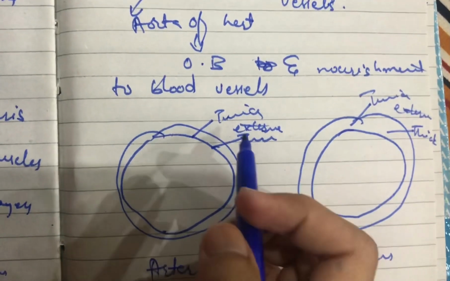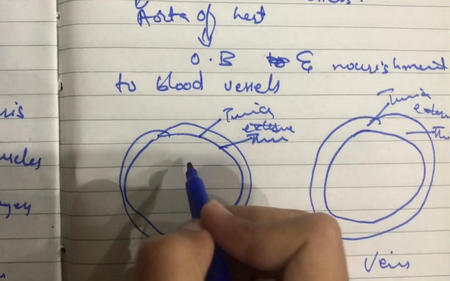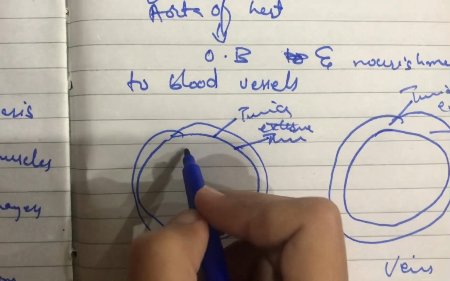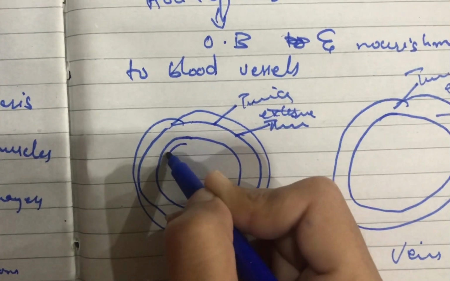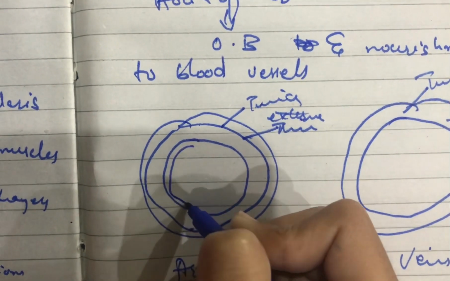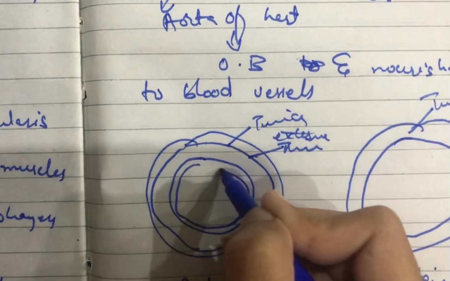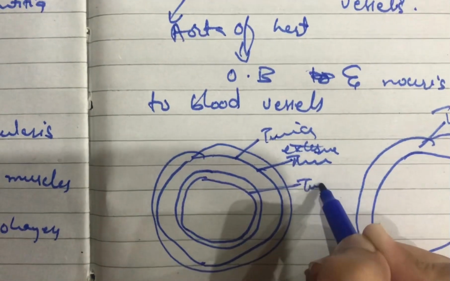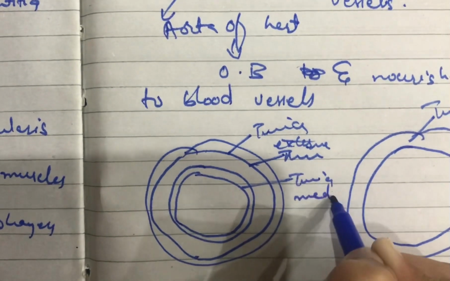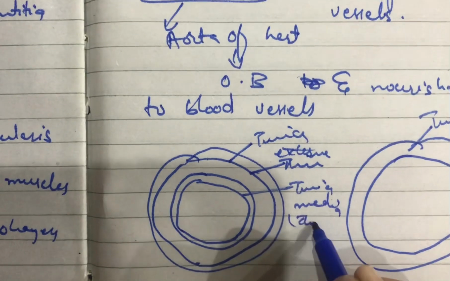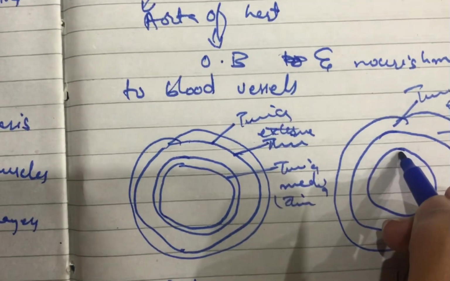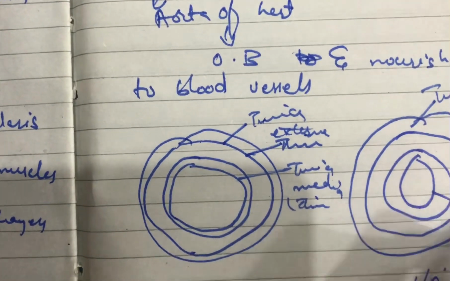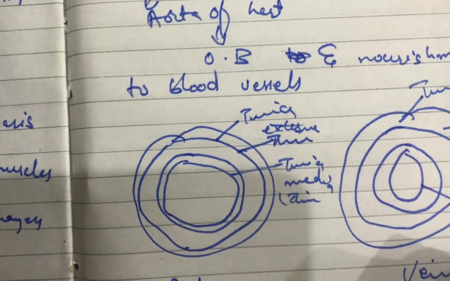And now it is tunica media. It is also thin, and here is the tunica media of vein. It is thick.